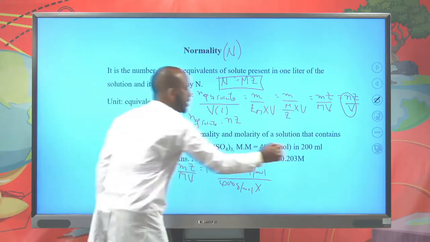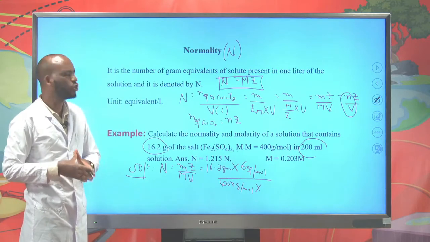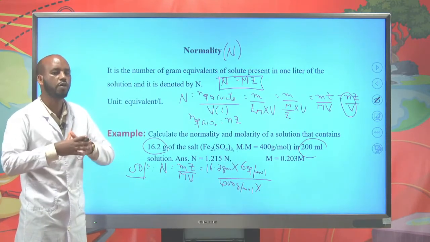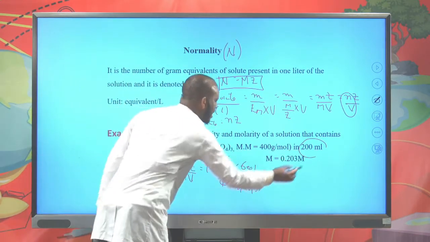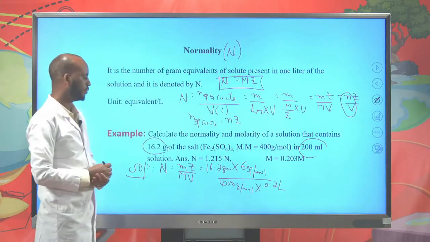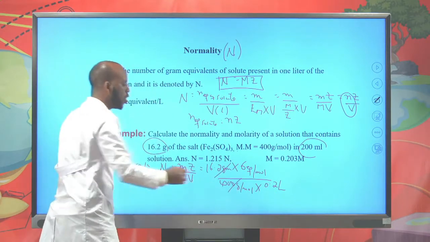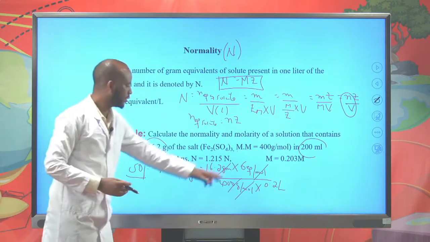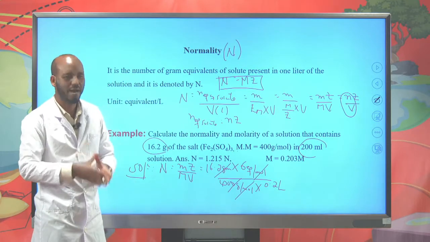Volume of the solution is 200 milliliter. This must be converted into liters because the unit of normality is equivalent per liter. 200 milliliter is 0.2 liter. Gram is cancelled by gram, mole by mole, and we are left with equivalent per liter, the unit of normality.